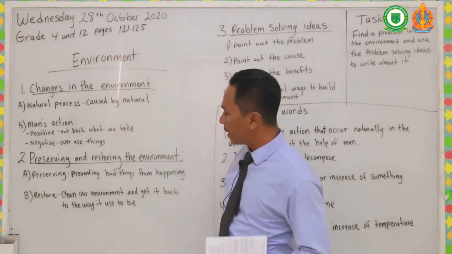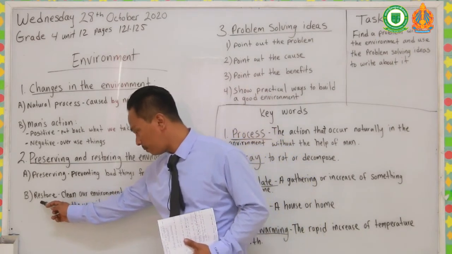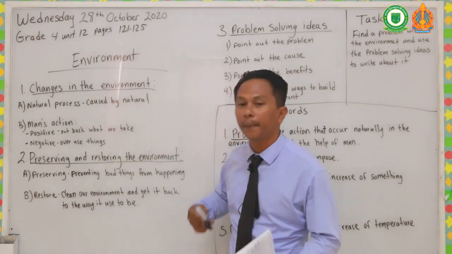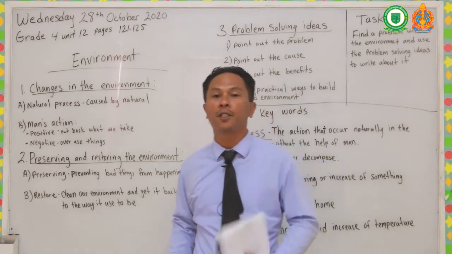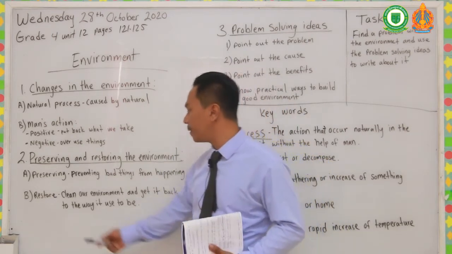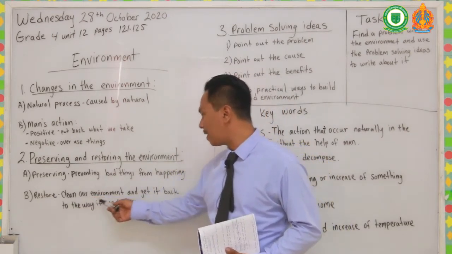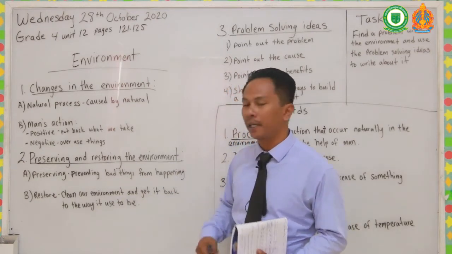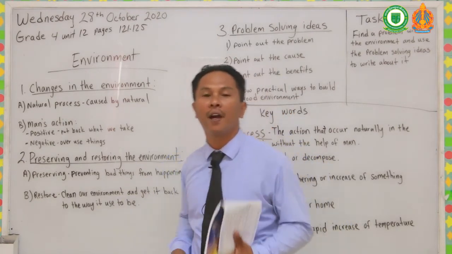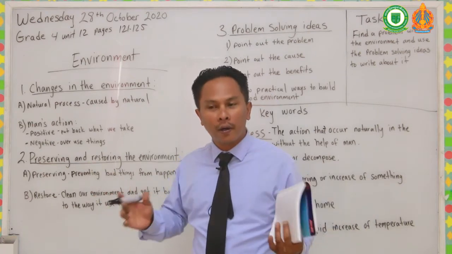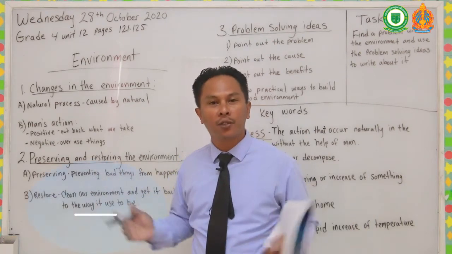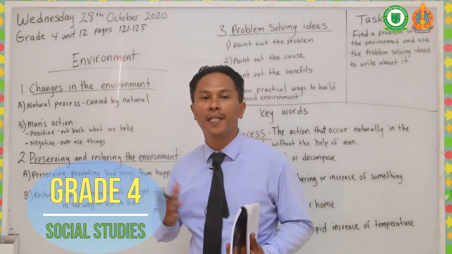Okay, and restore. Restore means to get things back to the way they used to be, and by doing this, it cleans our environment. Okay, it cleans our environment, and if our natural environment is clean, our natural resources will slowly come back.